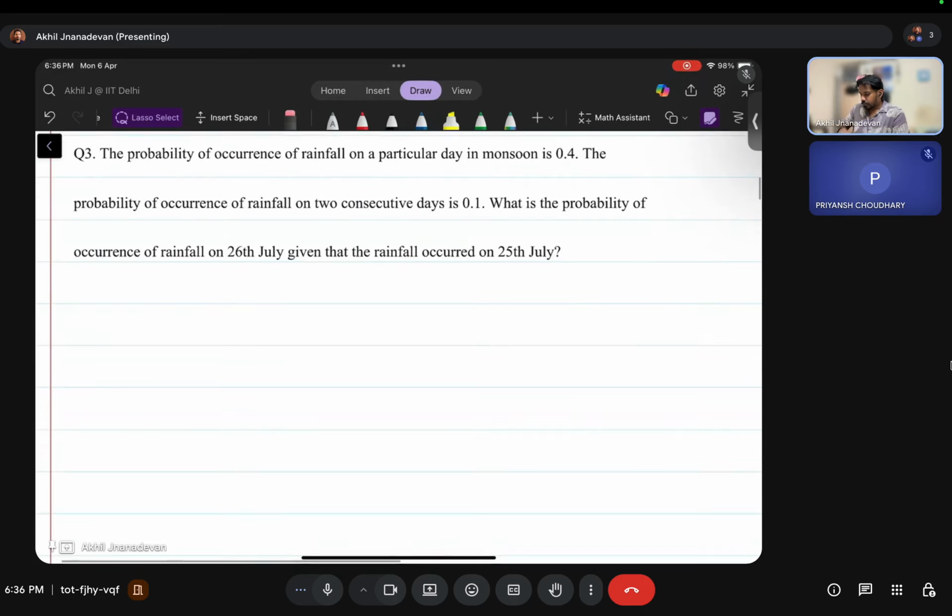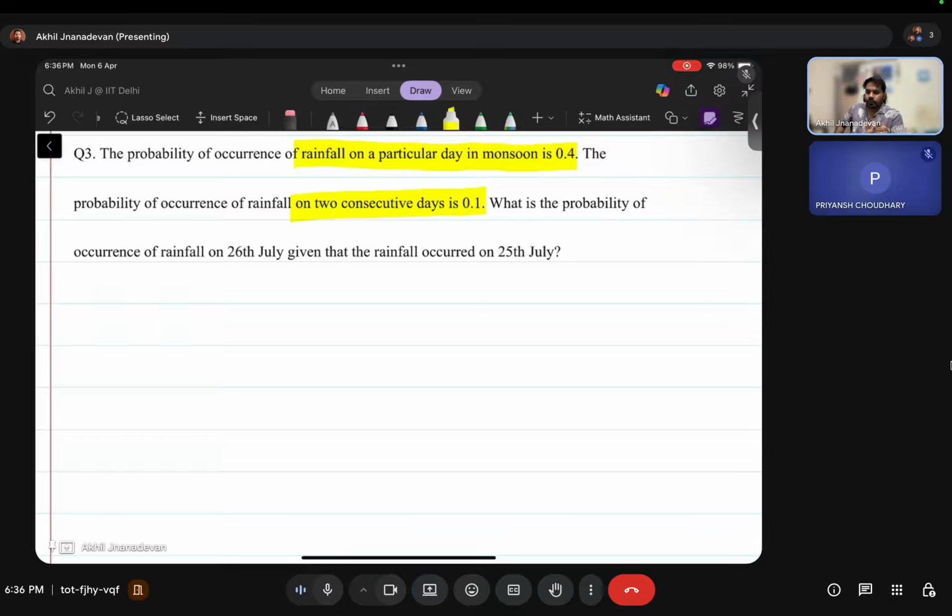The probability of occurrence of rainfall on a particular day in monsoon is 0.4. That is one thing that is given. The probability of occurrence of rainfall on two consecutive days, today and tomorrow, both, is 0.1.